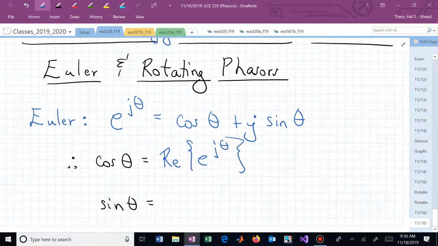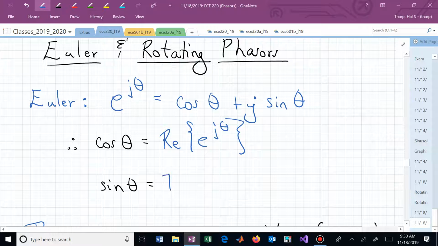If e to the j theta is cosine theta plus j sine theta, and you just need cosine theta, just take the real component of that complex exponential. Likewise, the sine of theta is the imaginary component of e to the j theta.